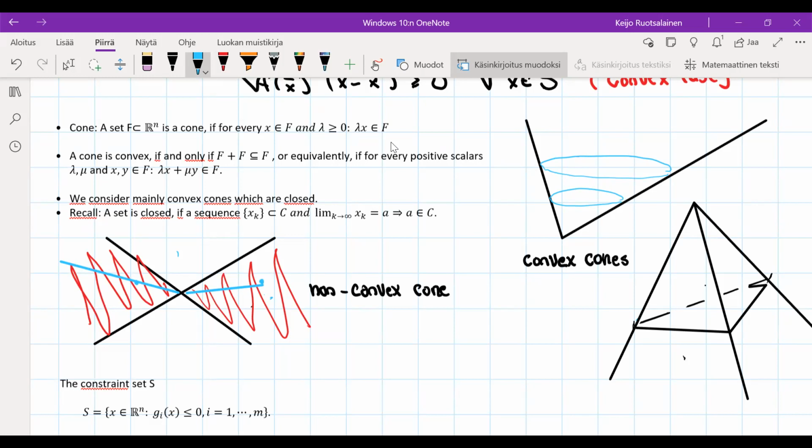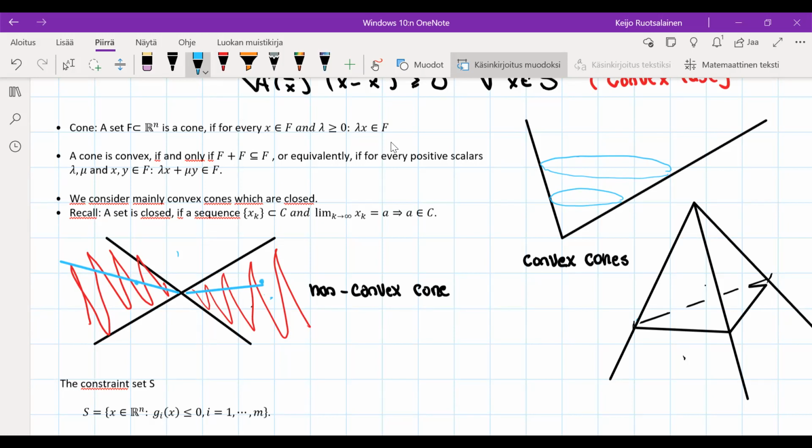Then we consider closed cones. And it comes from our constraint set. The constraints are defined by the functions gk, which are by assumption differentiable. So that means that they are for sure continuous functions.